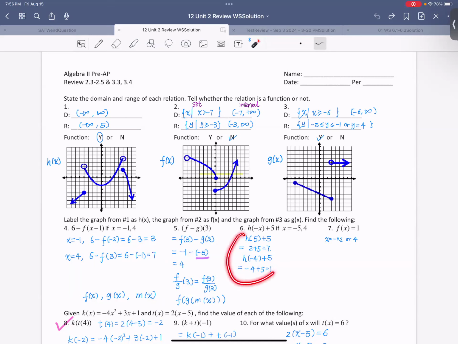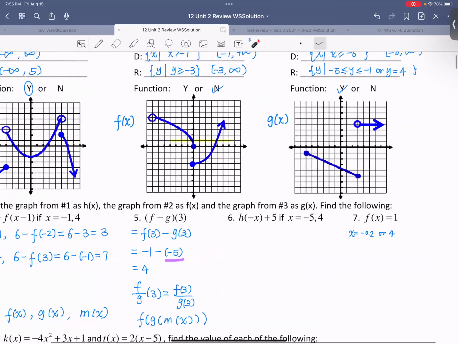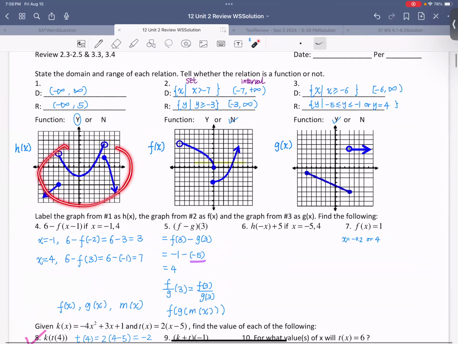This question here, Samantha, let's do number 6. Look at this. Our h is here. This is h of x. Okay, so let's solve h of negative 5.